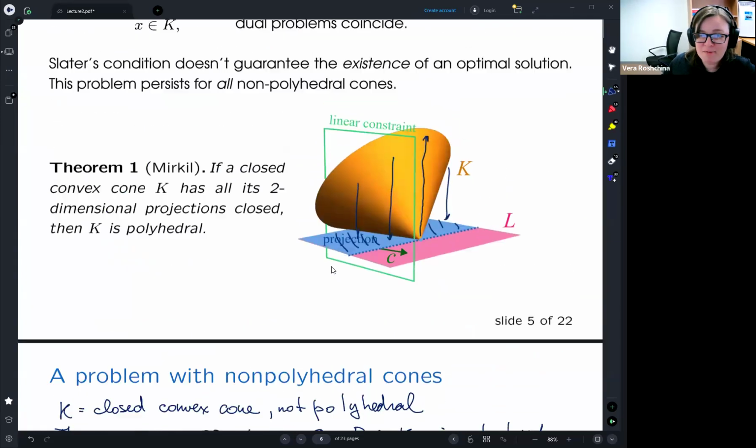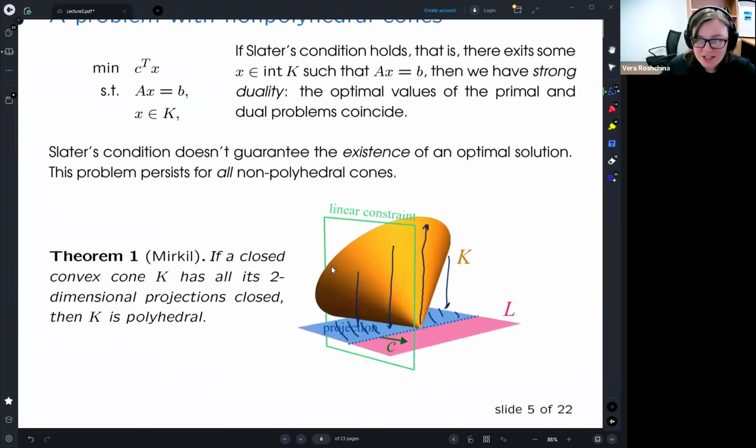So there's always this problem, no matter what conic programming problem you take, there's always a potential problem with not attaining the optimal value. So it's impossible to find some kind of generalization of polyhedral cones that will be non-polyhedral, and such that any problem over the set will attain a maximum or minimum, any conic programming problem.